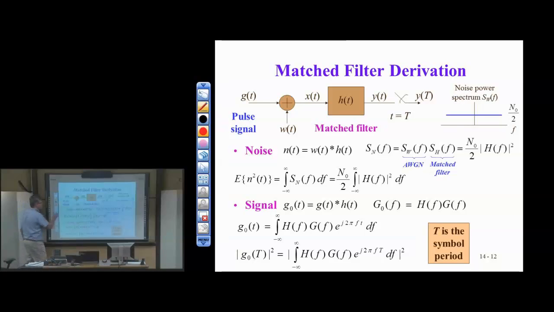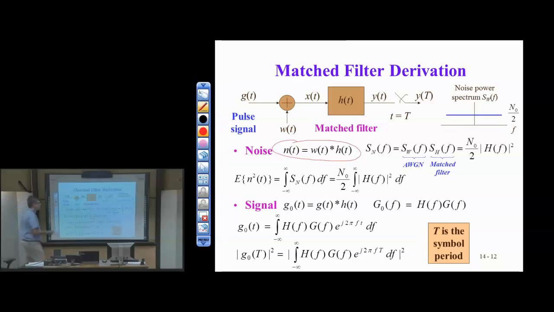So again, we had the same setup: pulse shape, match filter, additive noise in the channel. The noise that comes through is W(t), the noise in the channel, convolved with the match filter. If the noise had a Fourier transform, we could simply say that the Fourier transform of the output noise is just the product of the Fourier transforms.